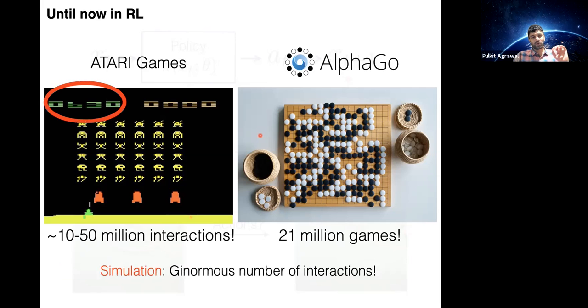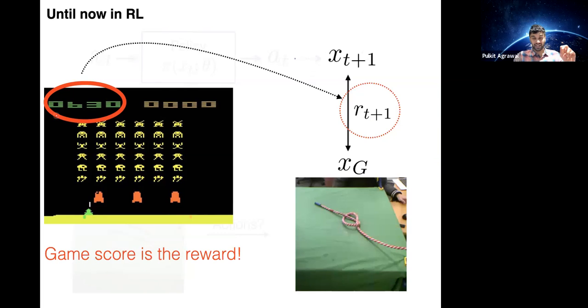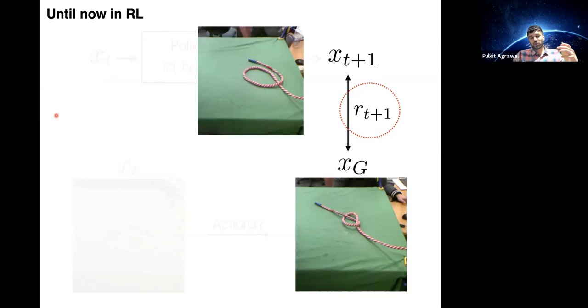And the second thing to note is that in these games the reward function is very distinct and it's clearly provided. Right? For example, the game score over here is the reward signal. But in many practical settings, for example, if I'm trying to manipulate the rope, it's unclear what my reward signal should be.